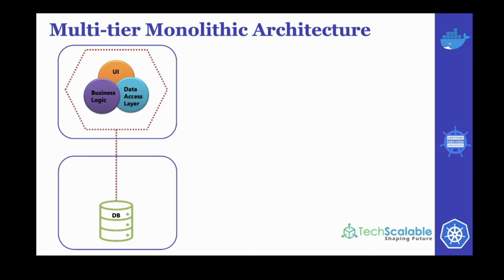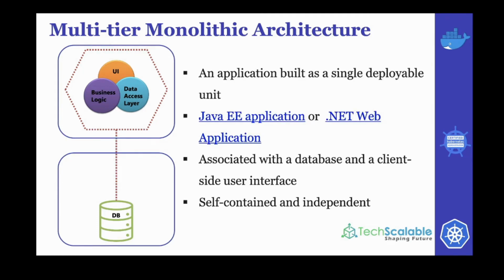The logic sitting here has to be packaged together, and a single executable gets created out of it, which needs to be deployed. So when we think about a monolithic application, the application will produce a single executable as the output. Think of any Java or .NET based applications in the past which we have worked on. It would be associated with the database, the user interface, everything clubbed together. They would be tightly coupled.